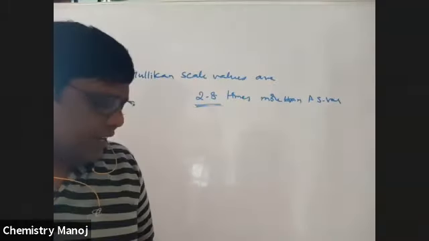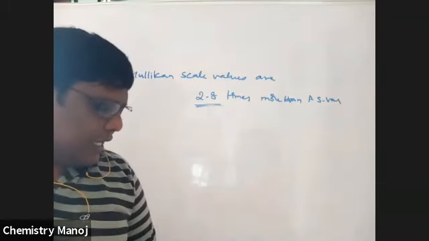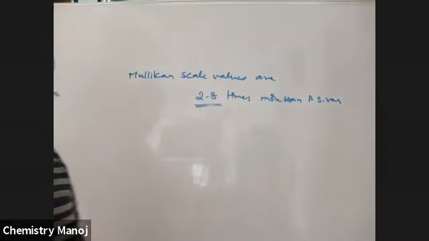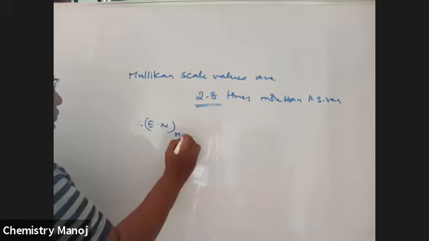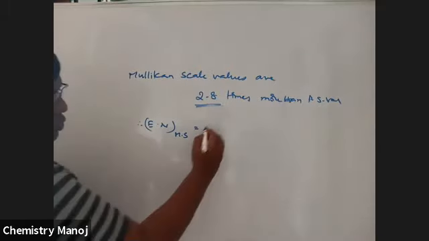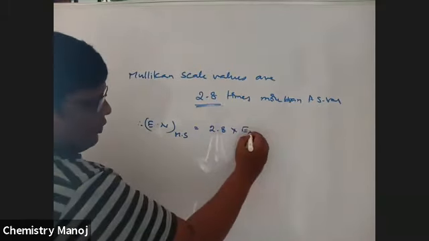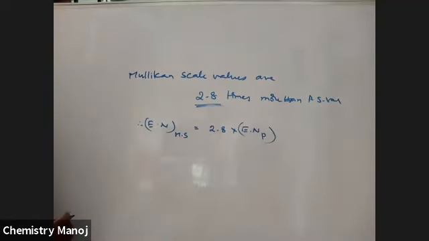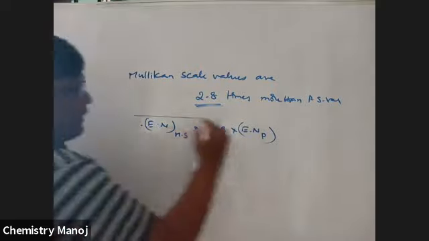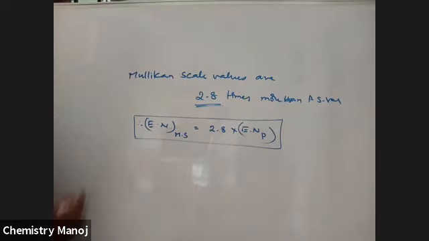So Mulliken scale values are a little bit more than Pauling scale values. How many times? 2.8 times. Therefore, electronegativity on the Mulliken scale is equal to 2.8 into electronegativity on the Pauling scale. Please remember, this is the relation between Mulliken scale values and Pauling scale values.